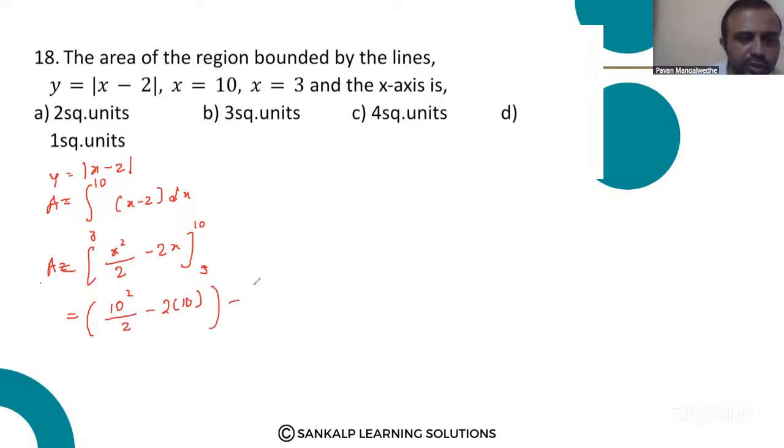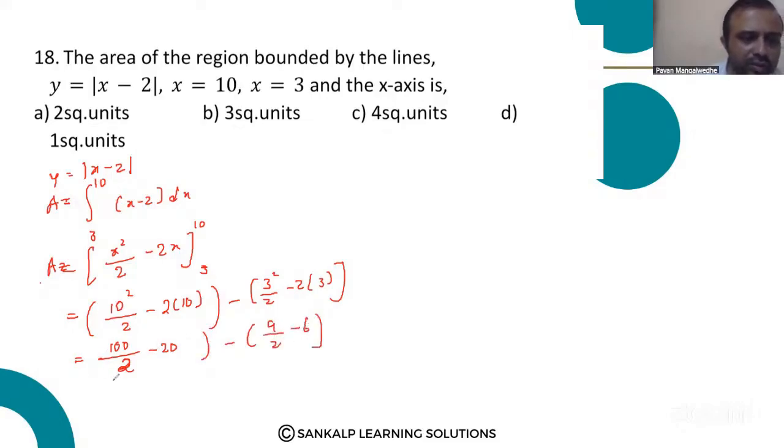Wherever x is there, substitute it as 3: 3 square by 2 minus 2 into 3. After solving this, it is 100 by 2 minus 20, and this side, minus, 9 by 2 minus 6.